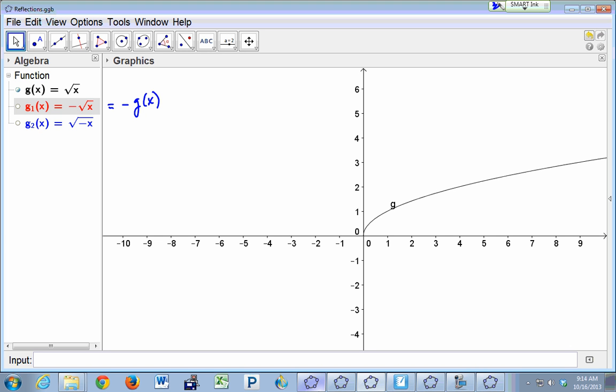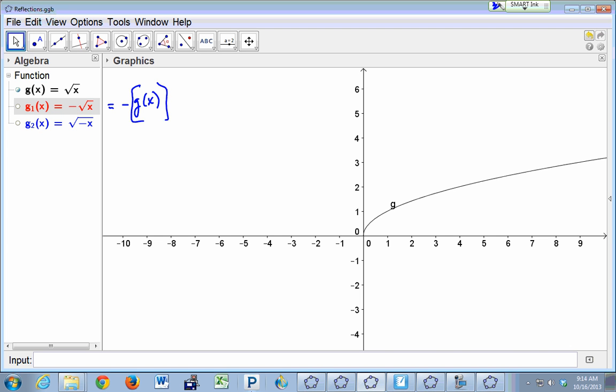I plug in 1, the square root of 1 is 1, and then that y value becomes negative. I put a 4 in here, I take the square root of 4, 2, and then I apply this to it. What does it become? Negative. So am I acting on the outside or the inside of the function? Are the outputs changing or the inputs changing? Outputs. So that's acting on the outside.